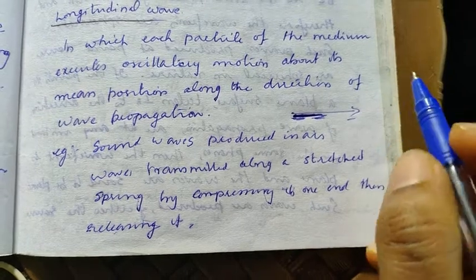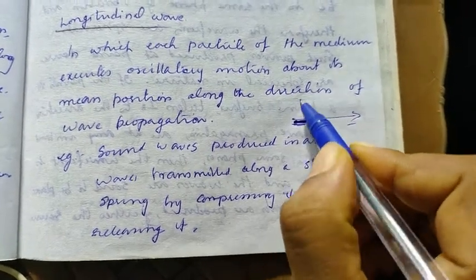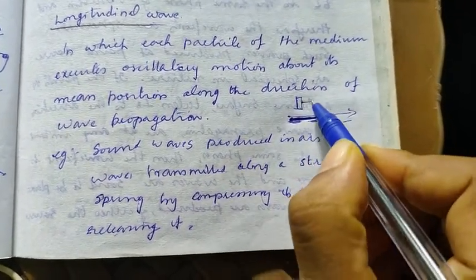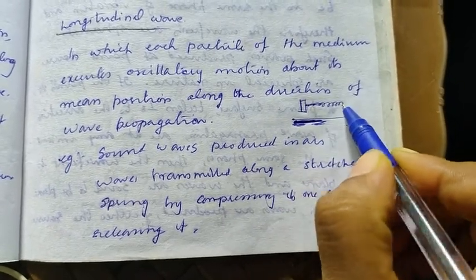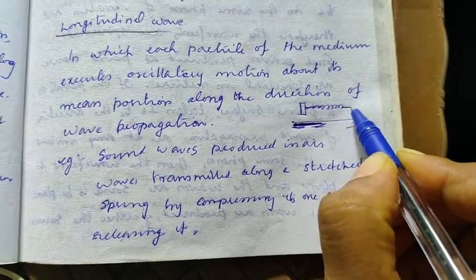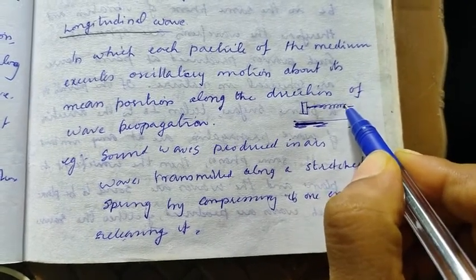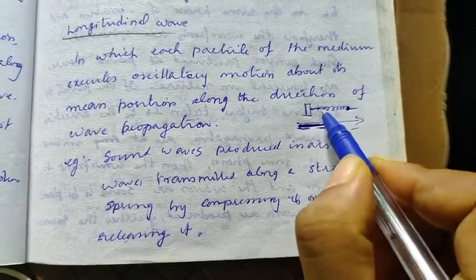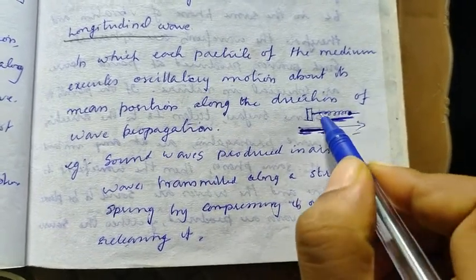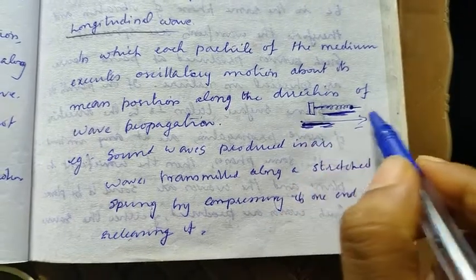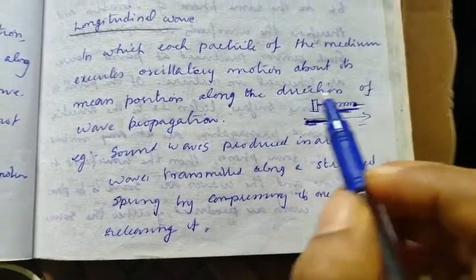For example, if you are fixing a spring at one end and pulling the spring from one side, it will execute this kind of vibration. So it's a kind of longitudinal wave produced in this spring.